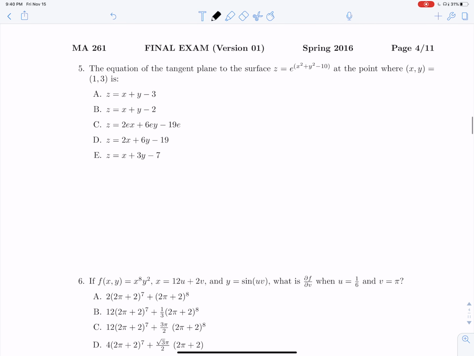Okay, the equation of the tangent plane to this surface at the point (1, 3) for x and y is what we're trying to find here.